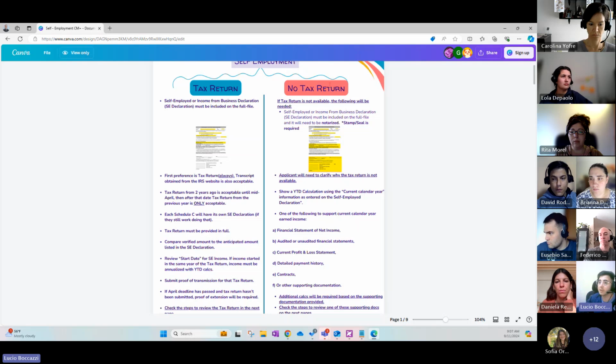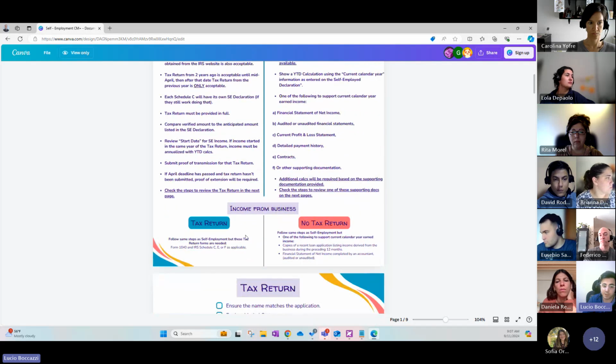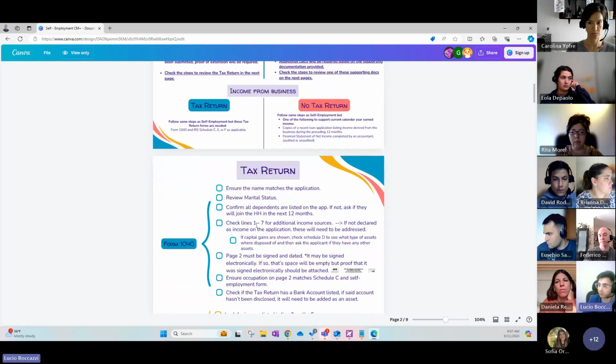We'll talk about those scenarios later on. But as usual, if you're dealing with self-employment, the first thing that you will want to get is that tax return to go through. And everything is explained here in the cheat sheet, so we'll cover the steps to go through them and prepare our notes together.